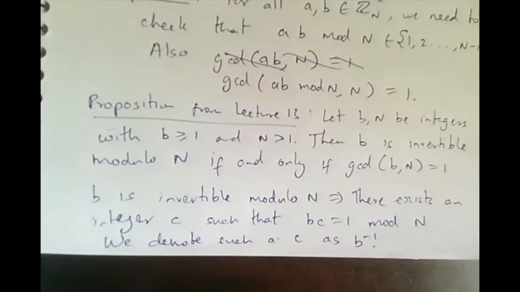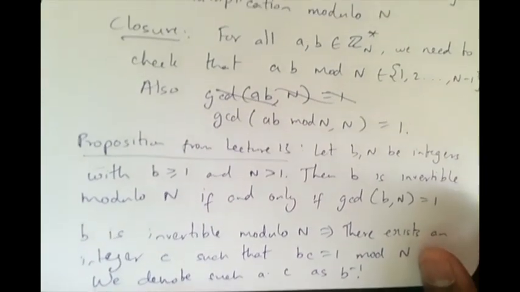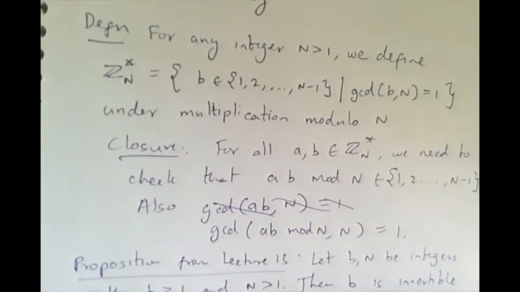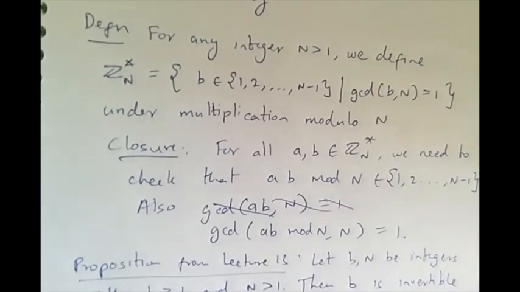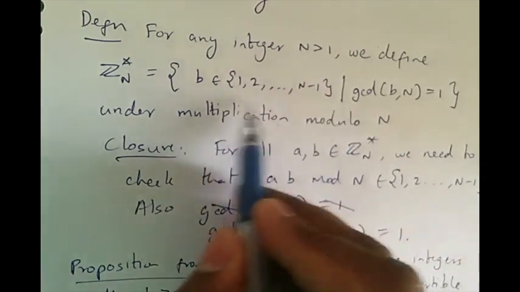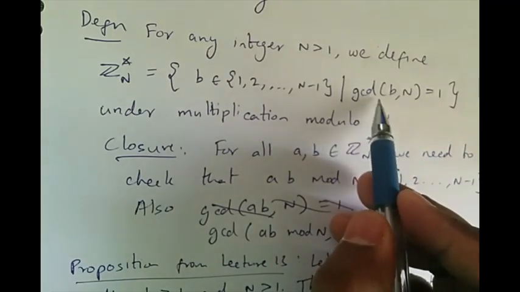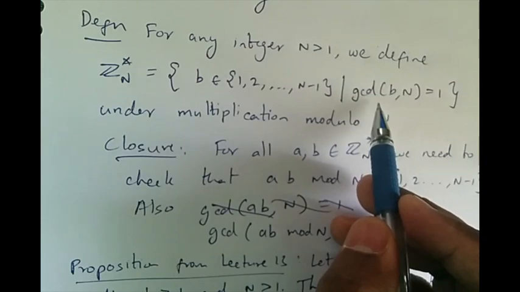So how are we going to use this proposition? Let's go back to the definition of Zn star. Zn star by definition contains only those integers which have GCD with n of 1. So all these b's such that the GCD of b and n is 1, all these integers in Zn star, will have multiplicative inverses modulo n.